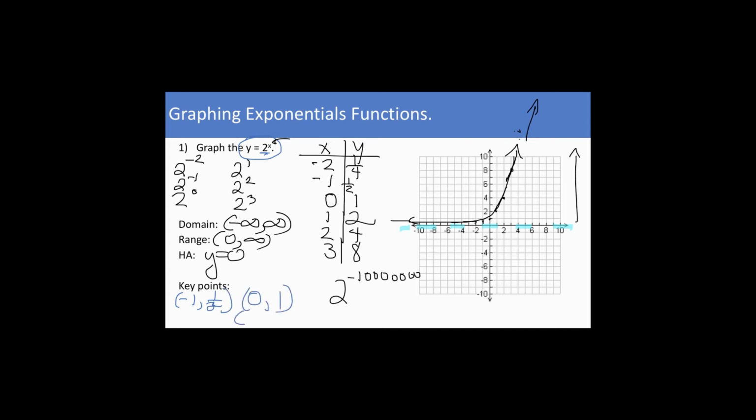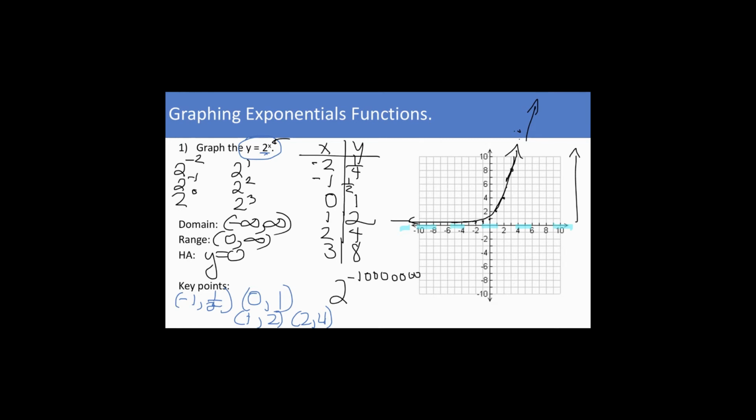And then for this, I have 1, 2, and 2, 4. Usually we only pick like 3 or 4 points, right? I don't do anything smaller just because 1/4 is harder to show in graphs. So this is for the base 2 to the x.